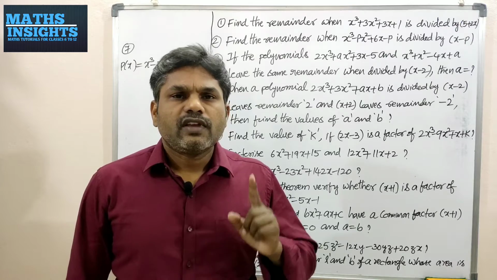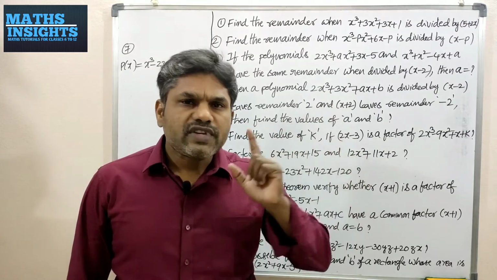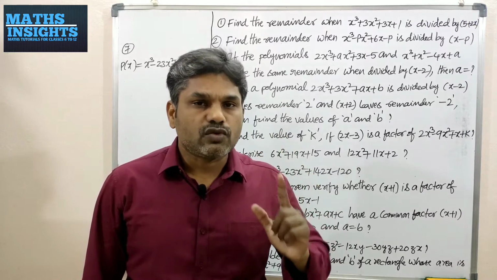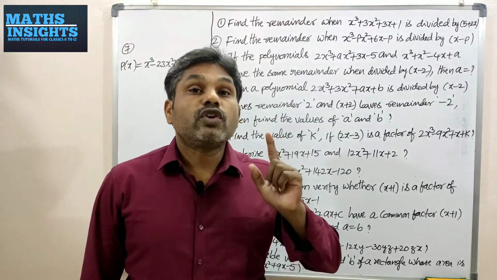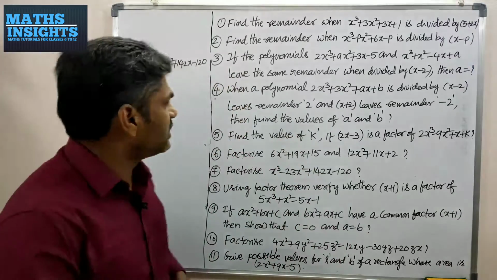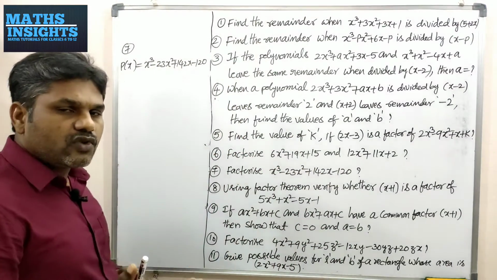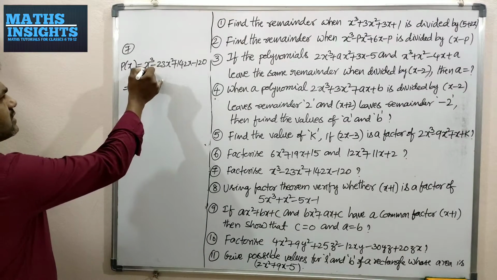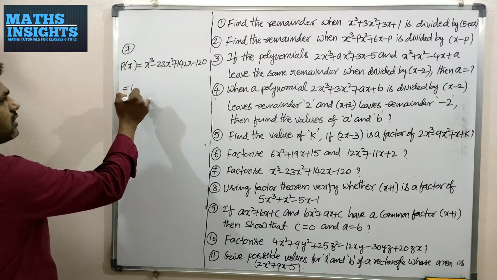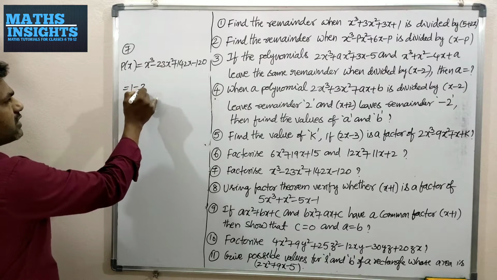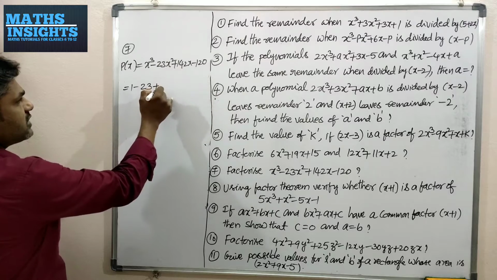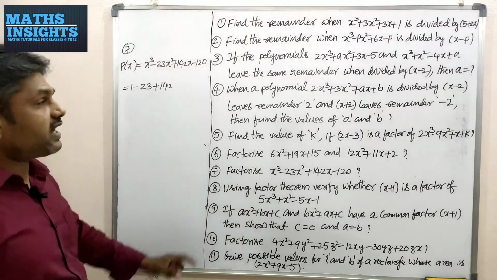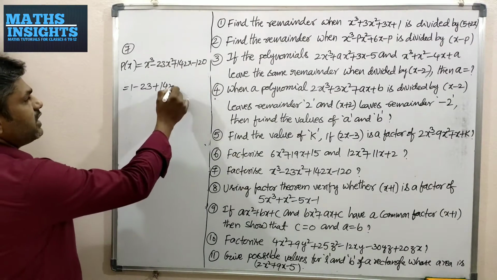First one is, when the coefficients of all powers of x in the polynomial, even powers, odd powers, you have to take coefficients of all powers. The coefficient of x cube is 1, coefficient of x square is minus 23, coefficient of x is plus 142, and x power 0 coefficient is minus 120.